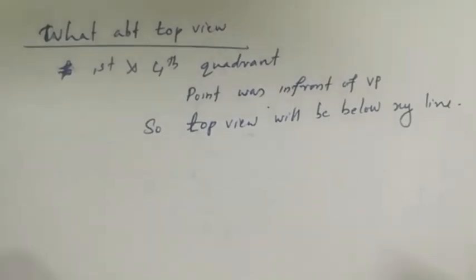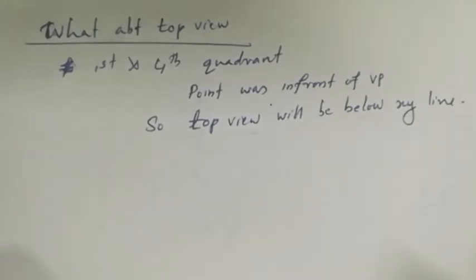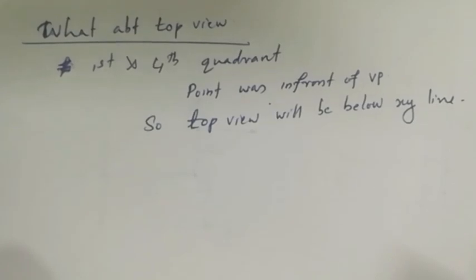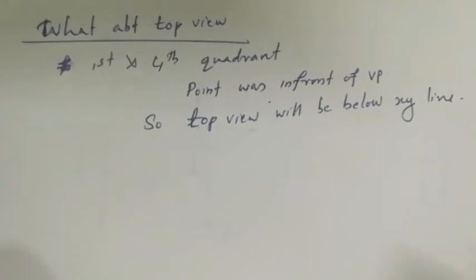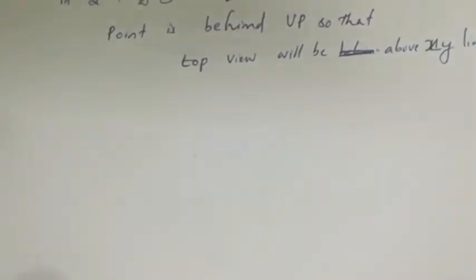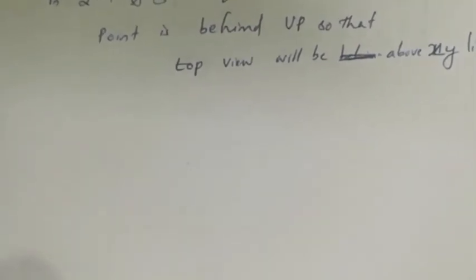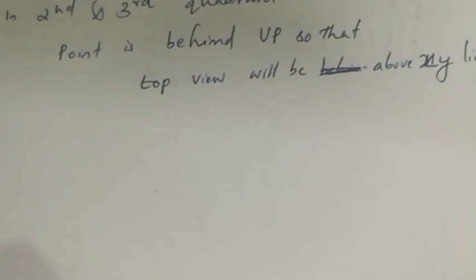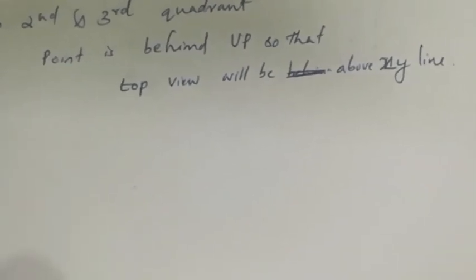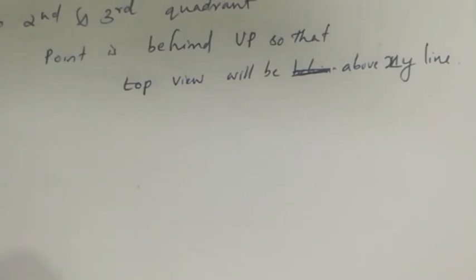In the fourth quadrant also, the point is 30 mm in front of VP. So if the point is in front of VP, the top view will be below the XY line. In the second and third quadrant, the point is behind VP, so the top view will be above the XY line.